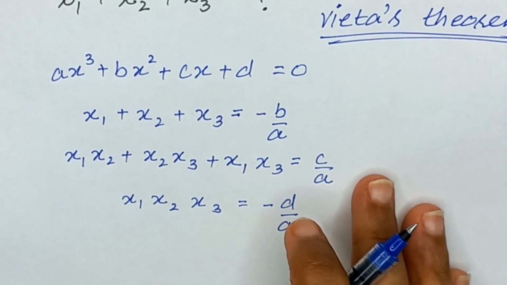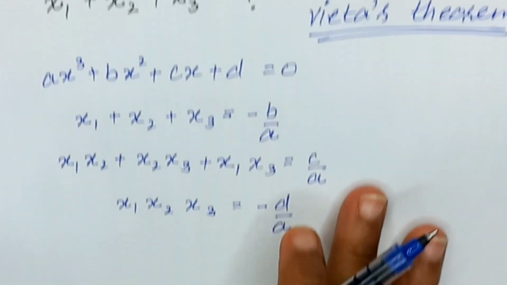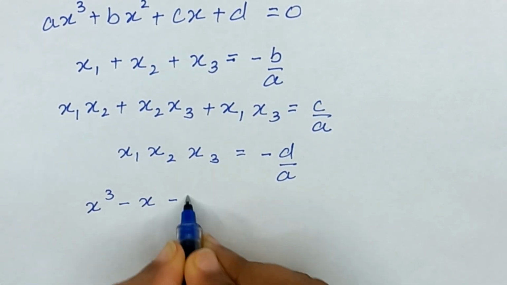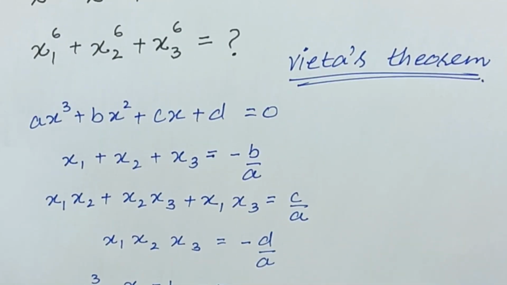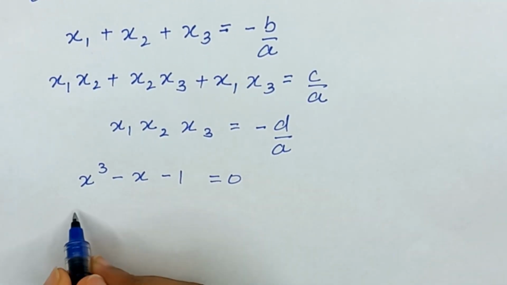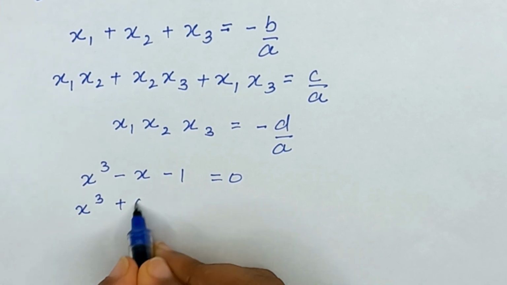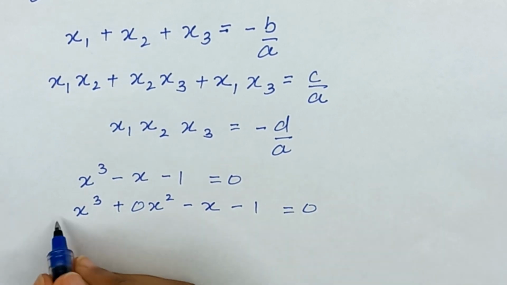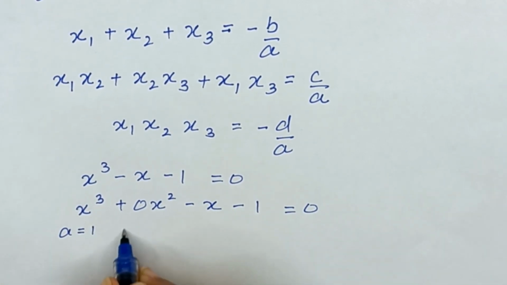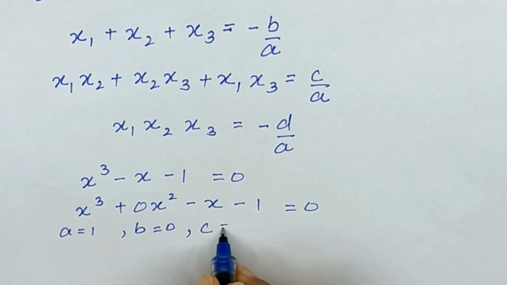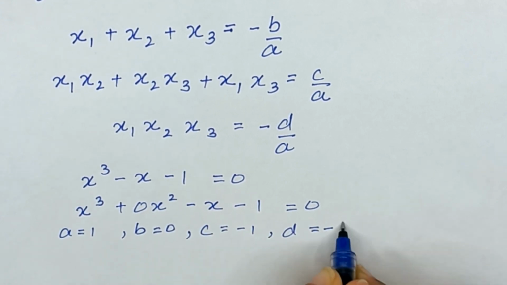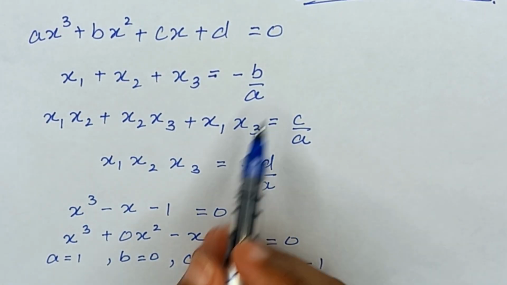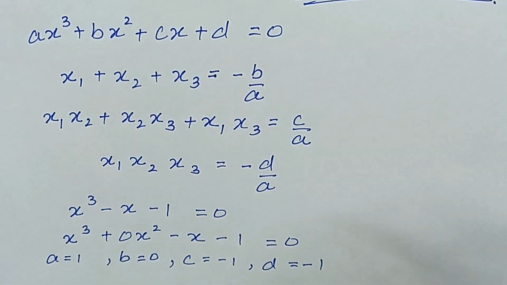Now our given equation is x cube minus x minus 1 is equal to 0. If I compare it with the general form, it is x cube plus 0x square minus x minus 1 is equal to 0. So here a is 1, b is 0, c is negative 1 and d is also negative 1. We will use these relations further in the question.